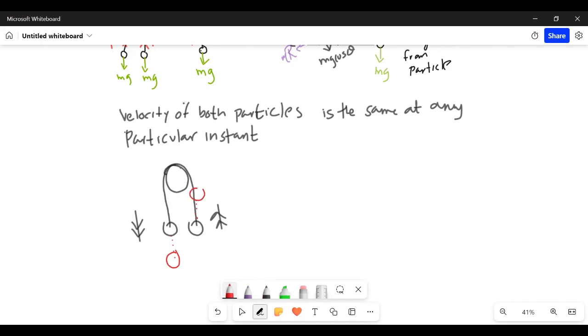At any particular instant, velocity will be the same. So let's say, since this is going up and this is going down, if this u is 2, then this u at the same time is 2. So velocity at any particular instant of the connected particles is going to be the same.